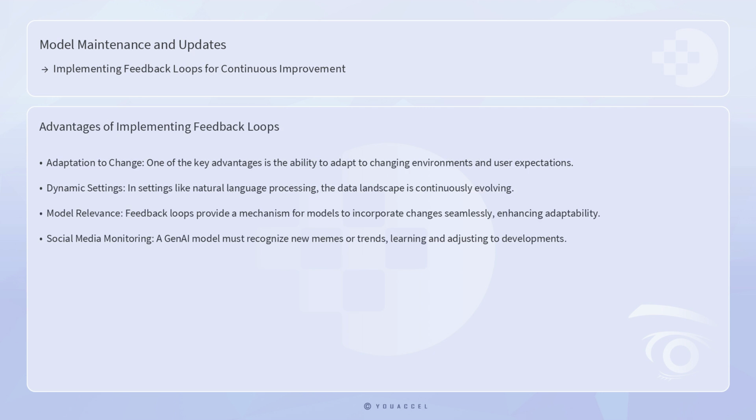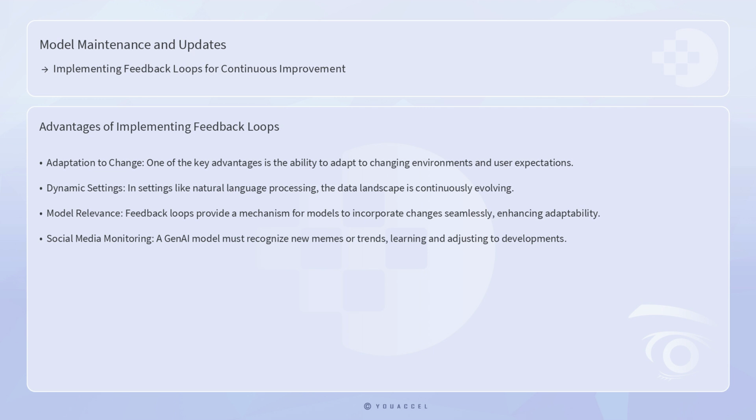One of the key advantages of implementing feedback loops is the ability to adapt to changing environments and user expectations. In dynamic settings, such as natural language processing or image recognition, the data landscape is continuously evolving. New slang, terminologies, and visual cues emerge, necessitating that GenAI models evolve to maintain their relevance and accuracy.